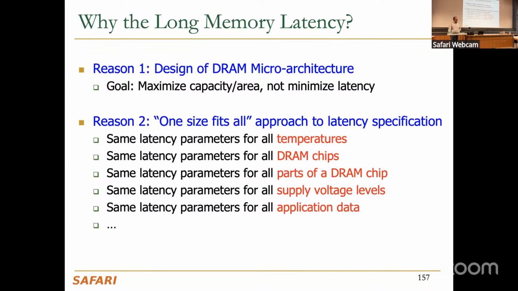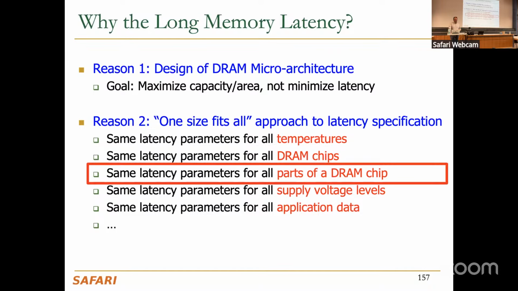And I've arrived at the nice cut, so the rest I hope we will pick up next week. We're going to talk about how we can exploit the heterogeneity across different parts of a DRAM chip, and by using that you can improve performance even more.